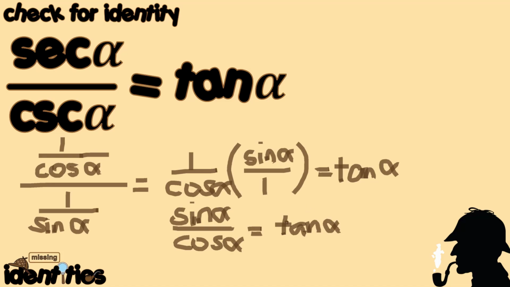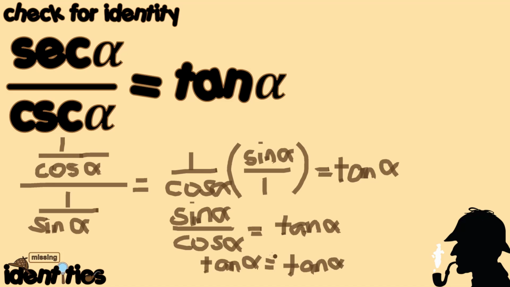Now, even if it's too obvious, let's finish this, making sine alpha over cosine alpha one trigonometric identity equal to tangent alpha. And that is now equal to our original right-hand side, tangent alpha.